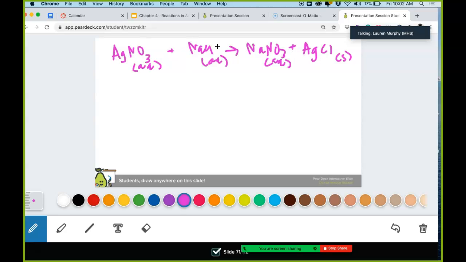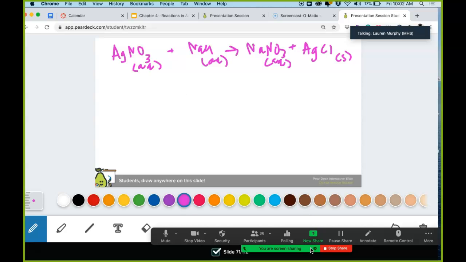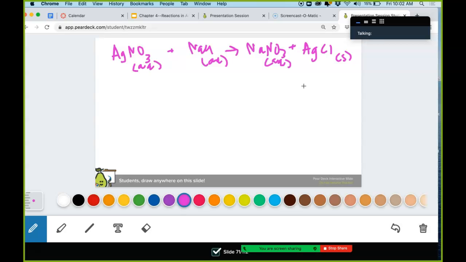Now, you can break everything apart that's aqueous and then write the net ionic, but I'm not going to do that right now for the sake of time. Can anybody tell me, just by glancing at this, who the spectator ions are? Na and NO3. Beautiful. Who was that? Skylar.